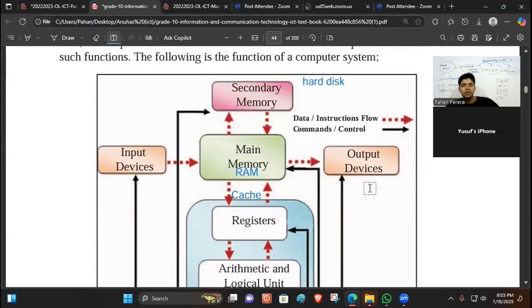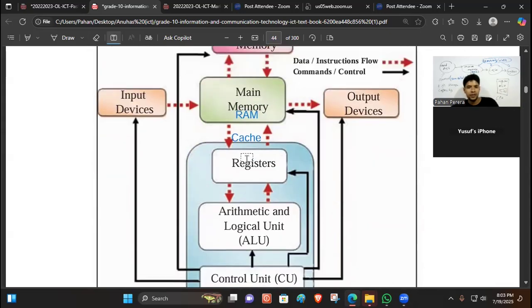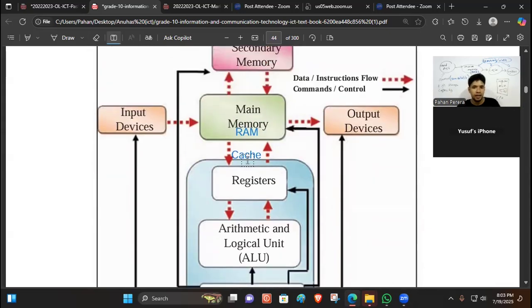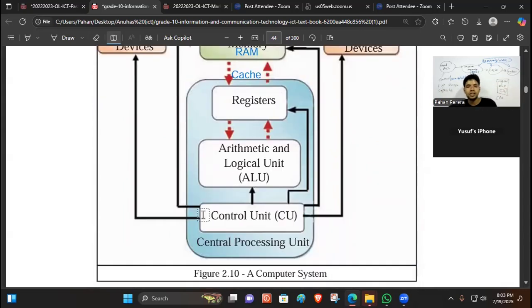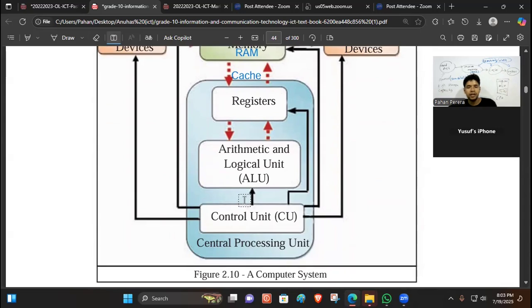But we need to process the data, so we need these instruction signals, these dotted lines. But to run the computer smoothly and to do the functions of the computer, it should be controlled. Therefore, the computer components are controlled by the control unit.